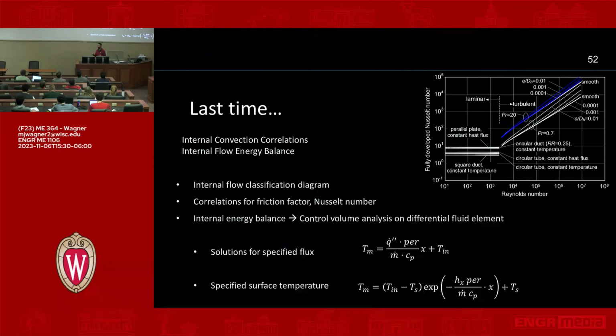We applied the control volume analysis to the fluid itself, what's in and out, like heat that's being added or lost. For this specified heat flux case, we know this heat flux, and that gives us this linear relationship. So we just say, okay, the inlet temperature, we know that the mean temperature is increasing linearly according to the amount of heat flux that's being added, multiplied by the position x. Okay, so that's kind of as far as we got.